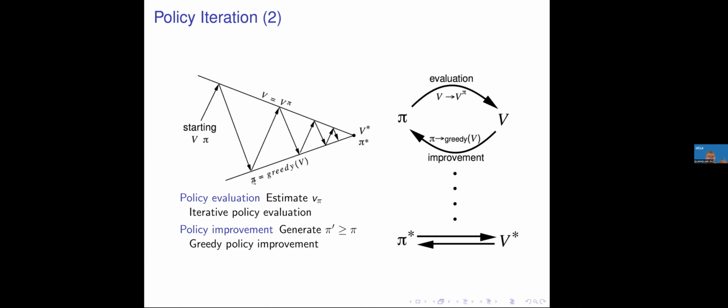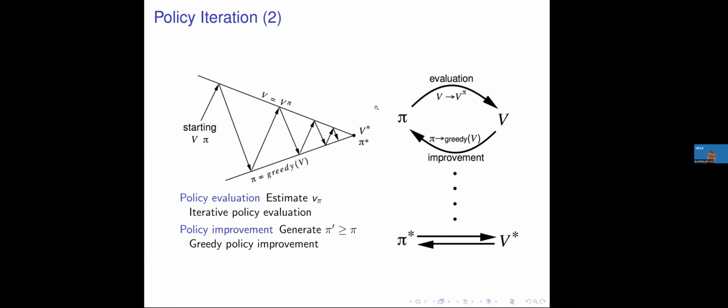Then we do policy evaluation for pi prime to get its value function, and improve pi prime to get pi double prime. This is a repeated process, and after many iterations, the initial policy pi will be improved to the optimal policy pi star.